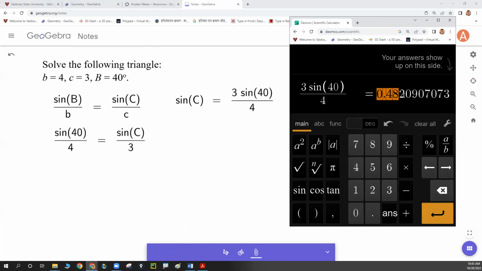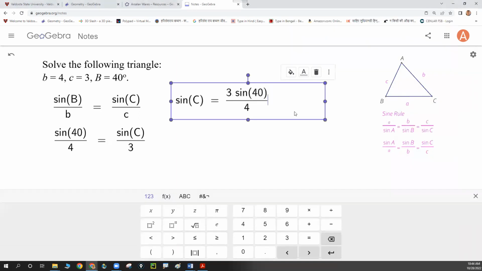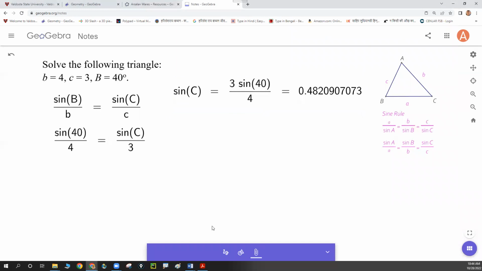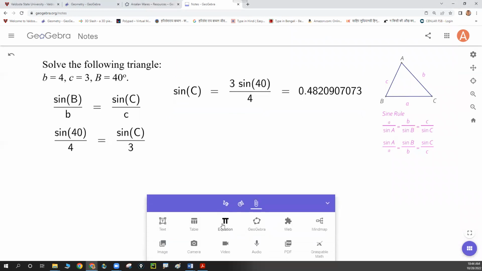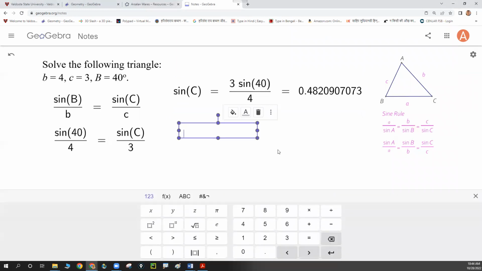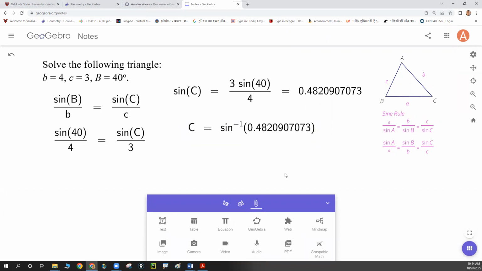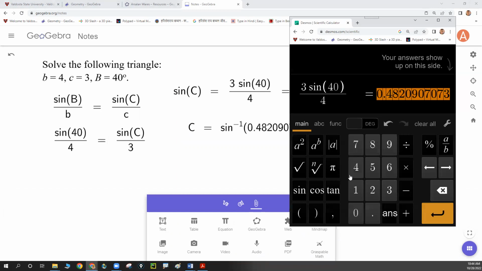And I'm getting this number. So far, so good. And that means capital C, the measure of angle C, is sine inverse of this number, 0.48. And how do we do it here?